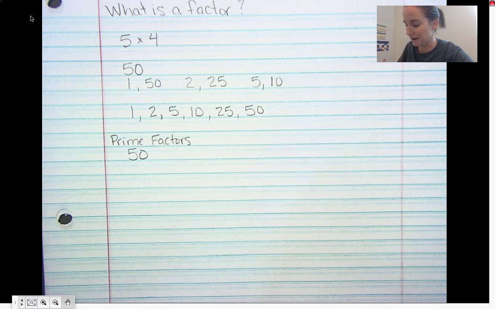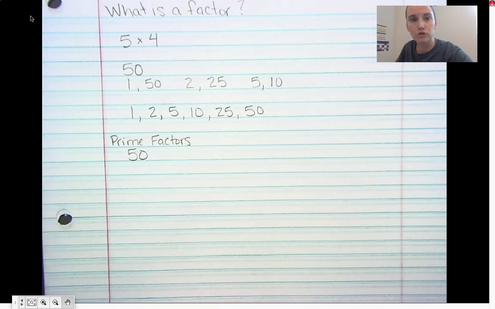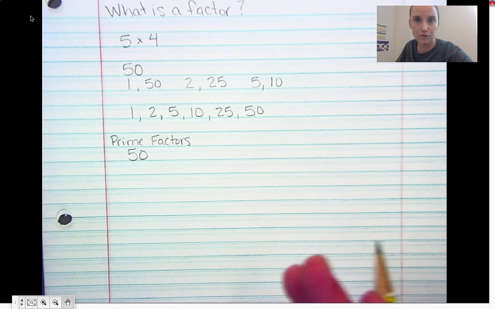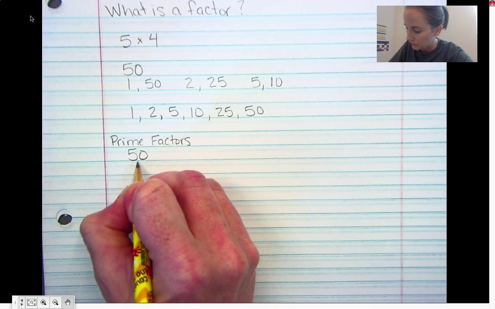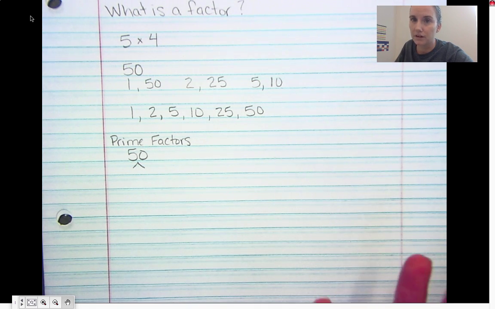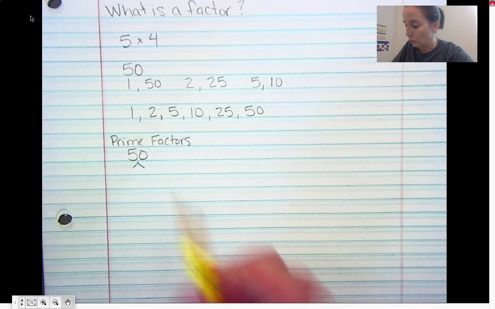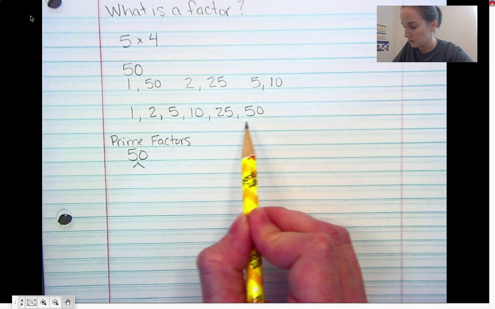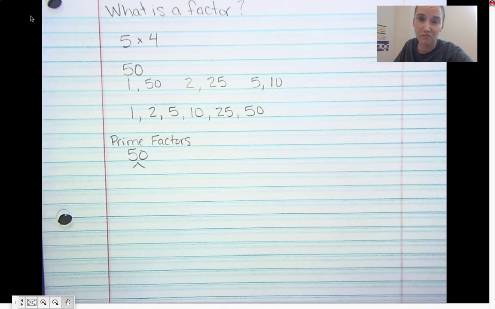So when you break down the number 50, you want to generate prime numbers. So, if I'm thinking of factors that multiply to give me 50, we already wrote down these. I could start with 5 and 10, I could start with 2 and 25. It doesn't matter which two numbers you start with, the goal is to generate a list of prime numbers.